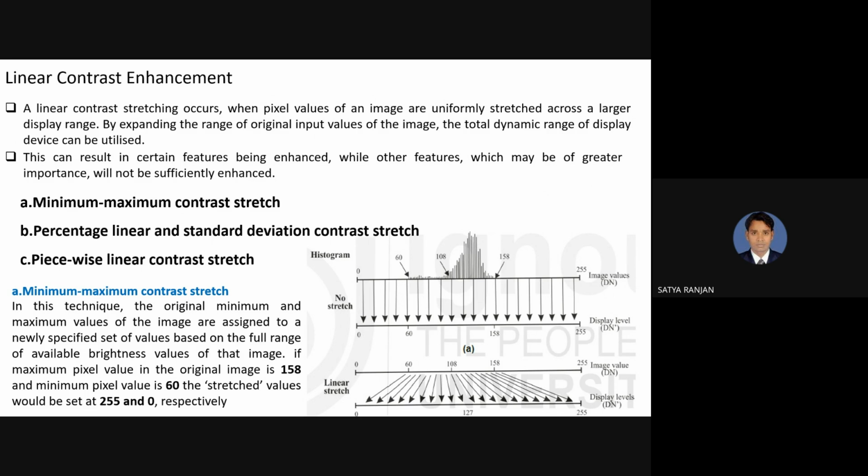So 8-bit means 2 to the power 8, and 2 to the power 8 is 256. So why is it 255? Because it includes the 0. That's why 255 plus 0 is 256. So basically the values in 8-bit are from 0 to 255.